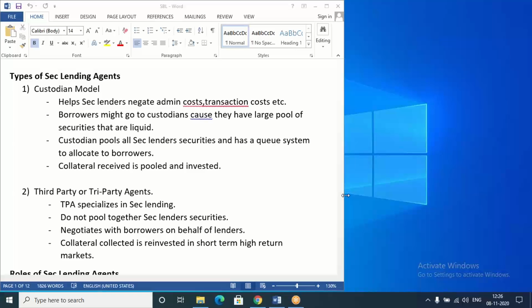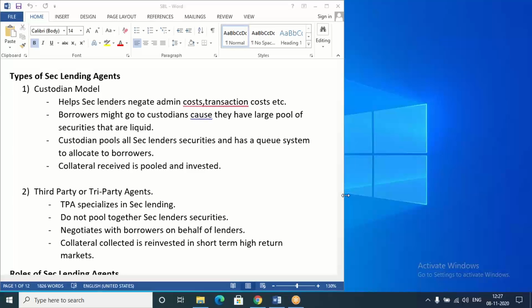I have a total of 2.5 million, but I only have to loan out 1.5, and I formed a queue system. So chances are that either Preeti, Anupam, or Saujanya, one of your securities may not get loaned out to the borrowers. That could be a loss of income for you, because you cannot charge a rental fee then. So that's the downside of using the custodian model.